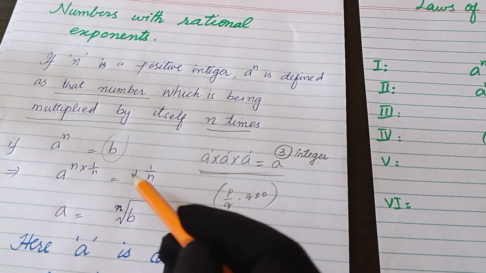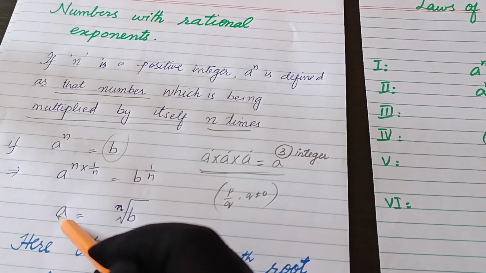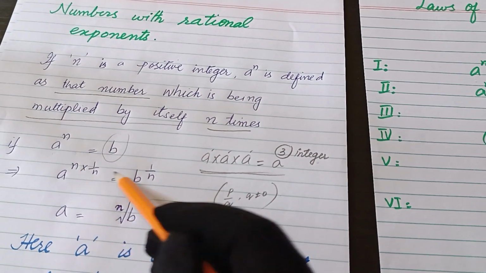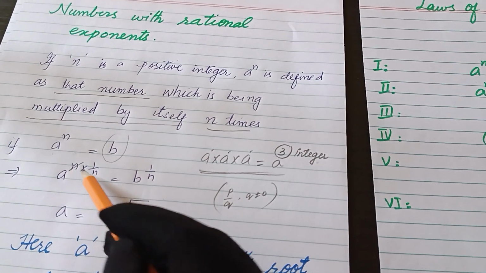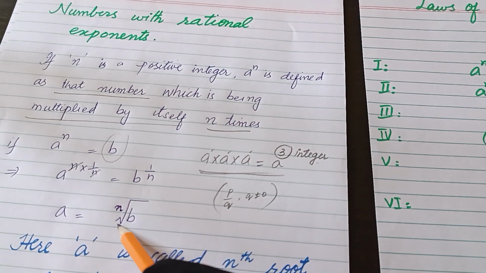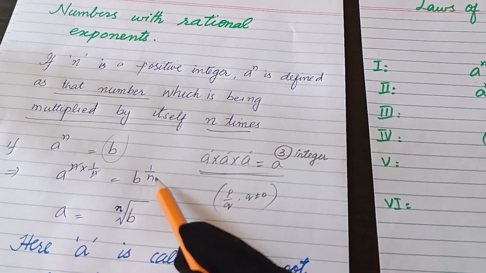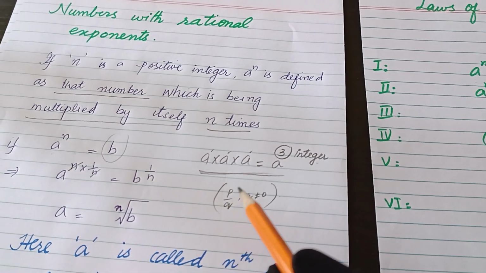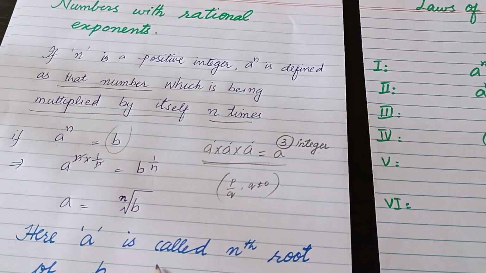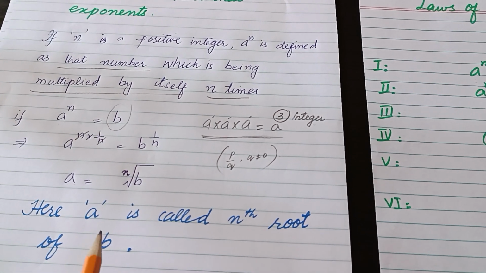So how can a be defined in terms of b? Before that, take 1 by n power on both sides. Here n and 1 by n cancel. Now a is equal to nth root of b. We call 1 by n power of b the nth root of b. So here a is called nth root of b.